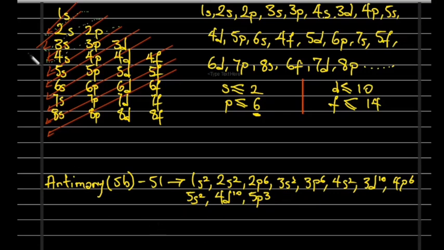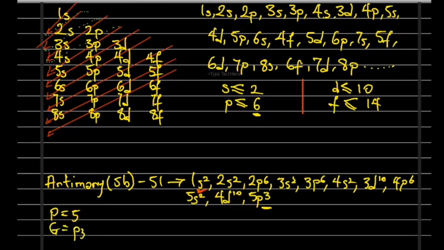So this one here happens to be our highest s block, 5s, so it belongs to period 5. And then our highest orbital is p3, so that signifies the group p3. It means in the p block we have the third port to have antimony in it.